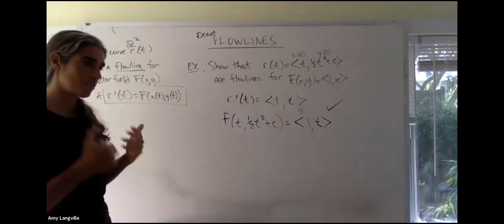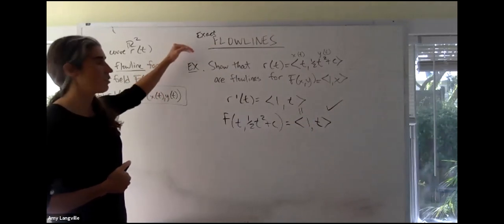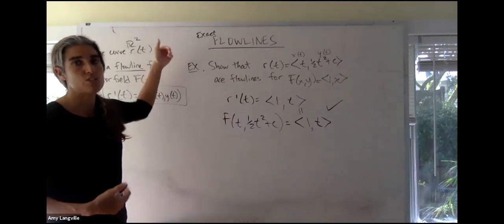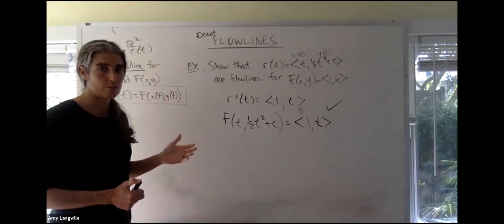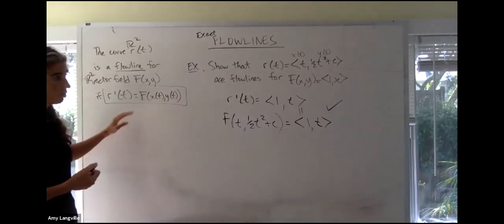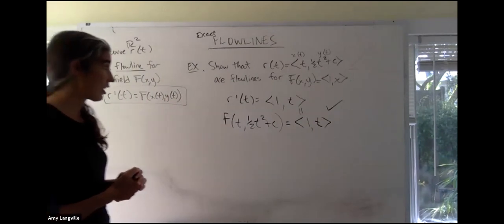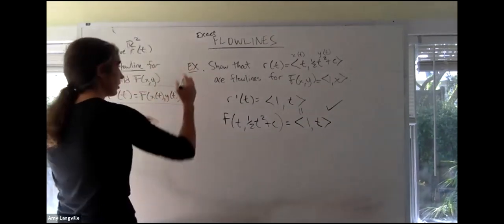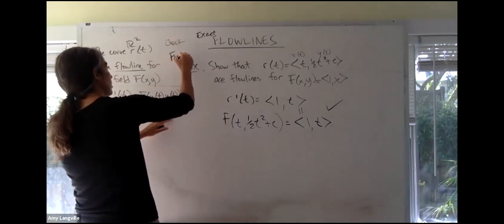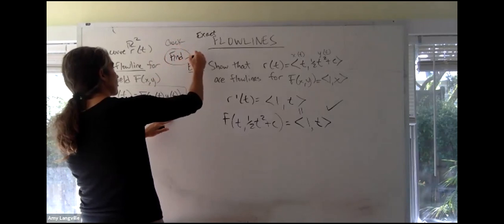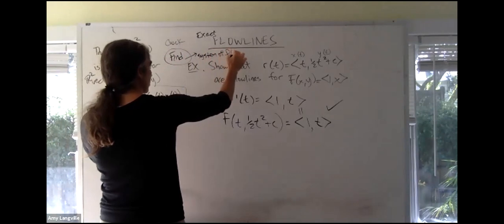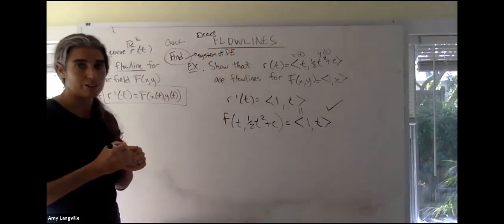Now, let's rewind a little bit and talk about how we were given that as a candidate. So we didn't actually find an exact flow line, we checked if a candidate flow line actually was a flow line. Again, the check is just checking the condition of the definition, what it means to be a flow line. It turns out, though, that we can check flow lines, but finding them is actually beyond the scope of this class, because it requires something called solving a system of differential equations.